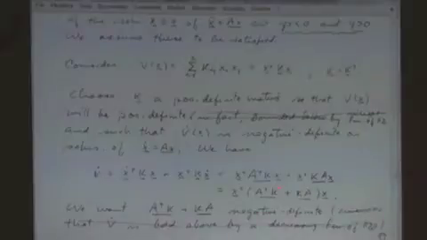So V dot then satisfies this on any trajectory. So we would like this matrix A transpose K plus KA, where K is to be constructed, A comes from the linear system, we would like that to be negative definite. In particular, the easy thing to do, if possible, is to arrange it so that it's minus the identity, that guarantees V dot is negative definite.